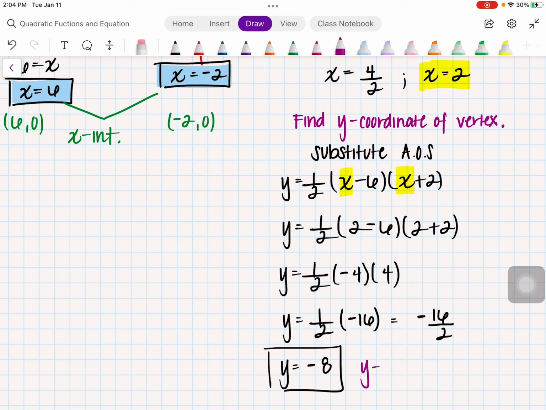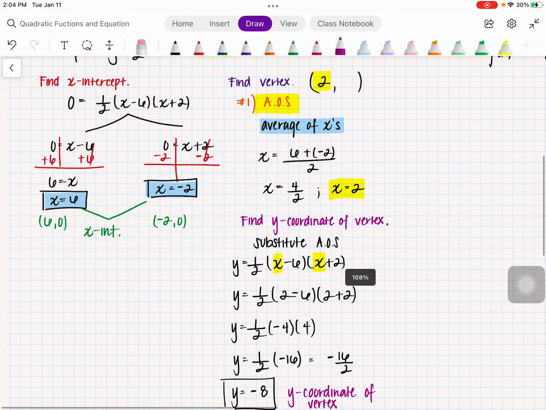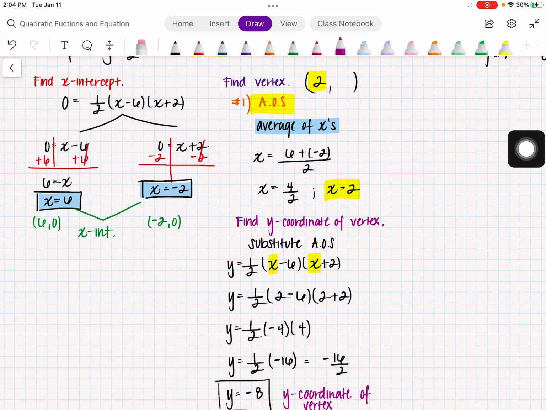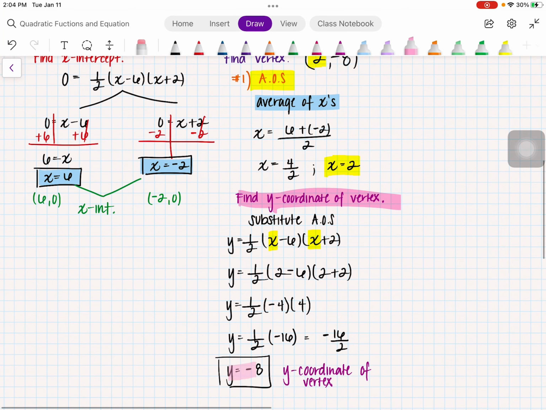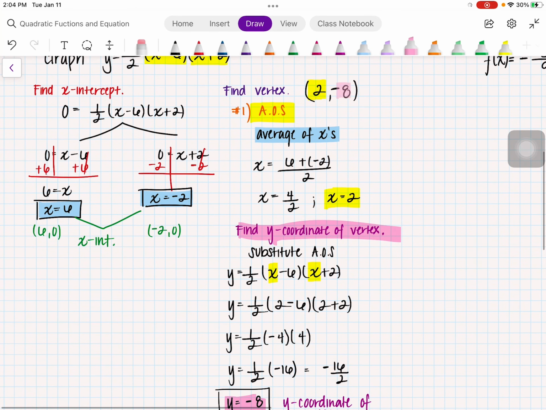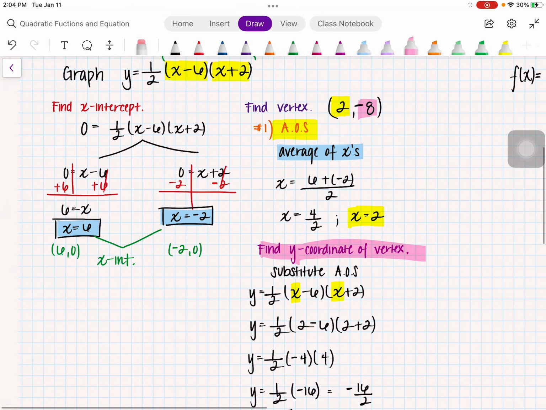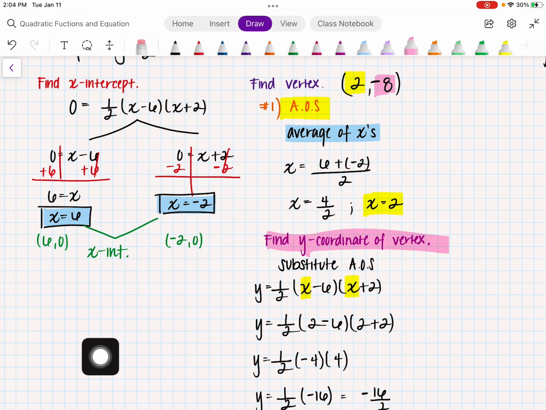So that there is the y coordinate of the vertex. So my vertex in this case is found, going back up here, at the point 2, comma, -8. And we'll go ahead and highlight this in pink. The y coordinate was -8, and that's what we have there.